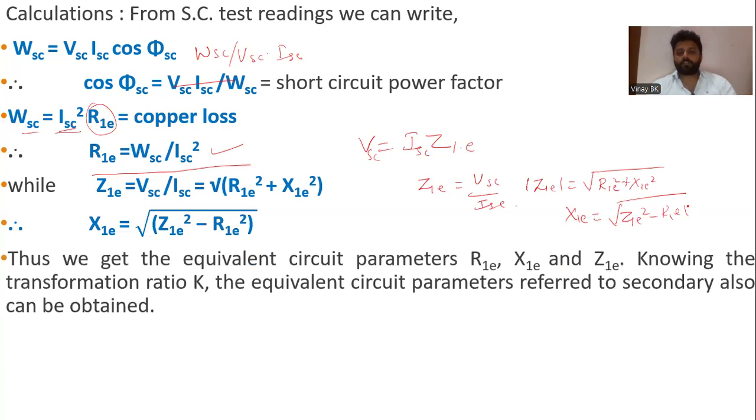So these are all the calculations. With the help of the open circuit test, you will find R naught and X naught. With the help of the short circuit test, we find the values of R1E and X1E to get the equivalent circuit. Thus, we get the equivalent circuit parameters, that is R1E, X1E and Z1E. Knowing the transformation ratio K, the equivalent circuit parameters referred to the secondary can also be obtained.